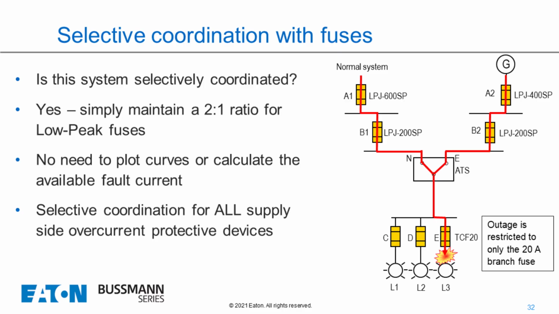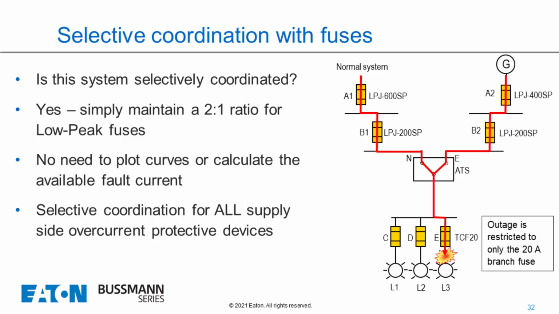Remember what I said before: C, D, and E must selectively coordinate with all upstream devices. So C, D, and E must coordinate with B1 and A1, and C, D, and E also must coordinate with B2 and A2 and be selectively coordinated.